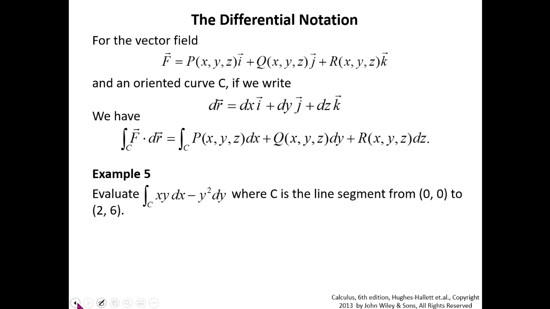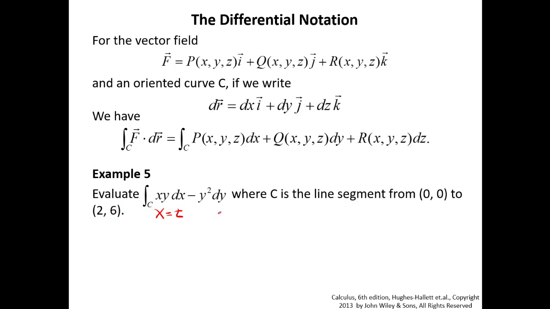Let's back up. We could let x be equal to t. And if x is t, that gets us from 0 to 2. Y has to go from 0 to 6 with t being the same. So t goes from 0 to 2, how can we make the y part go from 0 to 6?